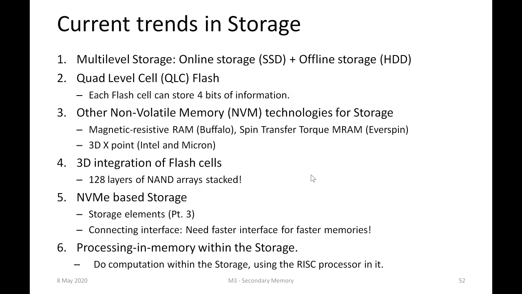If you remember, we have a mini CPU there, a RISC processor. We can probably use the RISC processor in the storage itself to do some processing, instead of getting the data from secondary to the primary, then to multiple levels of caches, eventually to the registers, which is a very slow process. So PIM, processing in memory, is one of the currently hot topics people are looking at to speed up the overall application performance.